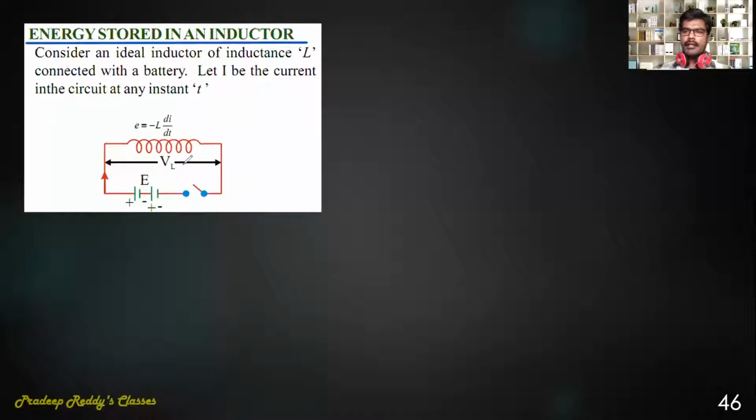You are taking an inductor and this inductor is connected to an external battery E along with a tap key. Consider an ideal inductor here, with inductance L, connected with a battery, and let current I be passing through the circuit at any instant of time t.